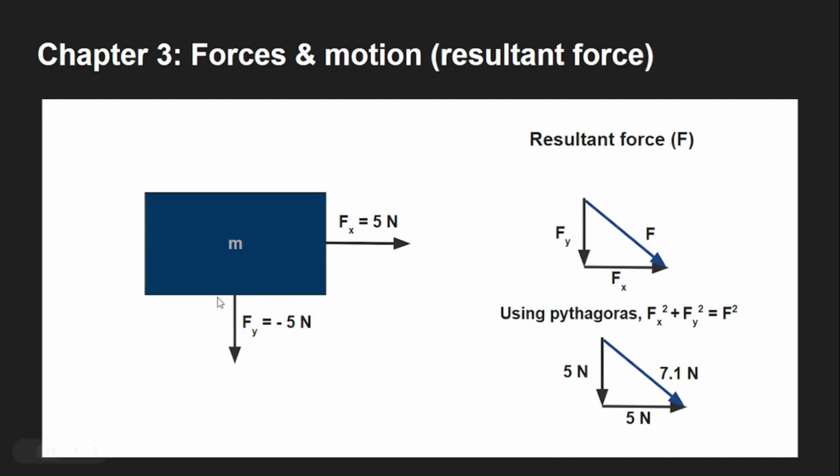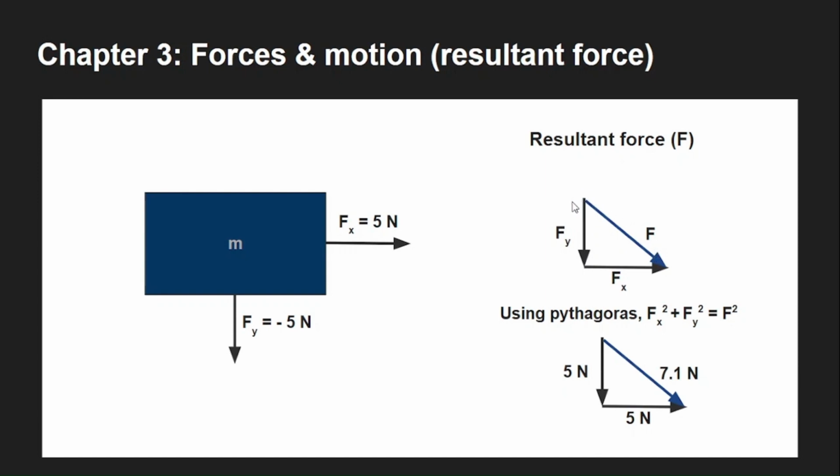We know the vectors have a tail and a head, so we've got that here, Fy with its tail and head. And we know that we have the head to tail logic of adding vectors together. So when I want to add Fx, I want to assign the tail of Fx to where the head of Fy is. And then the blue vector that we see is the resultant vector.